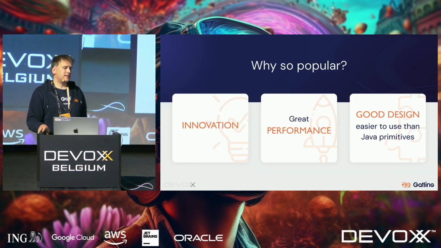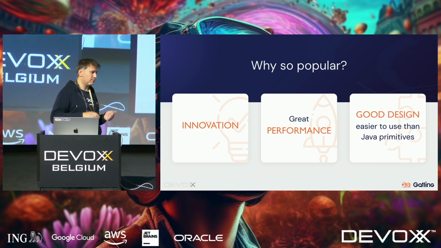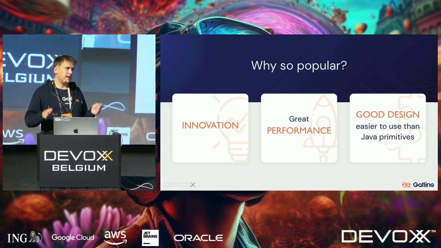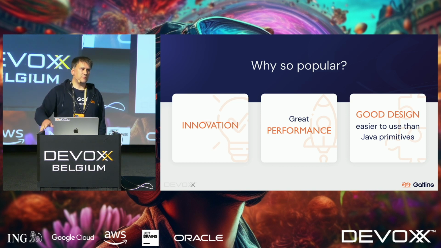So what makes Netty so popular? The first thing is that over the years, it has brought incredible innovation and brought new features faster than the Java library itself. So, for example, it was able to support HTTP2 and TLS 1.3 faster than these features were available in Java.